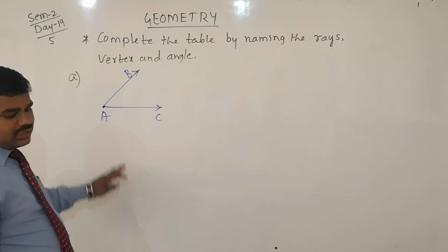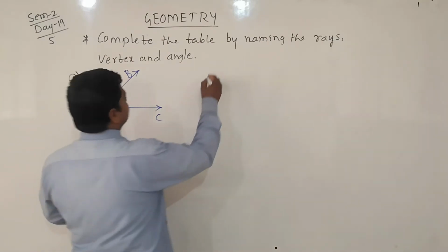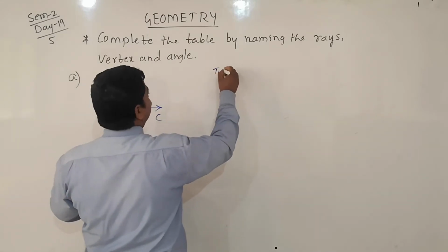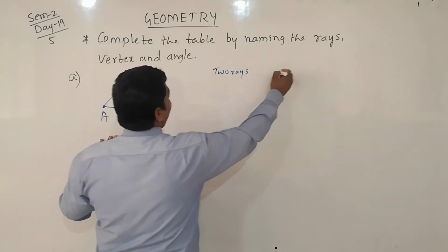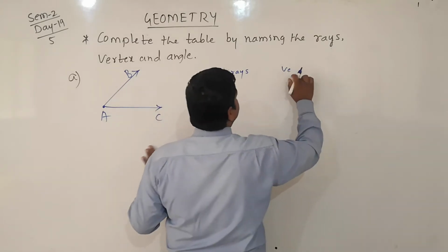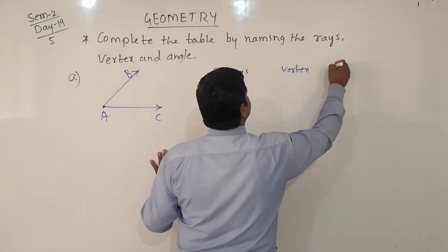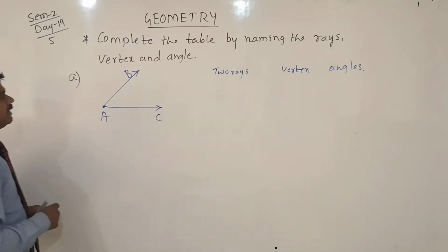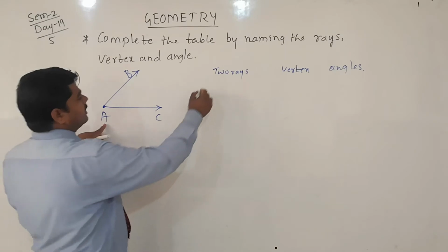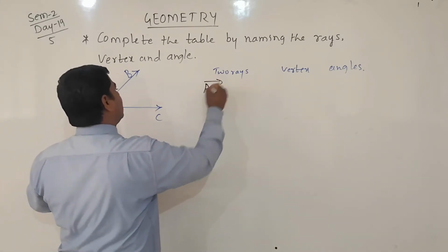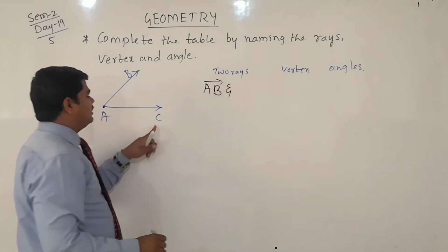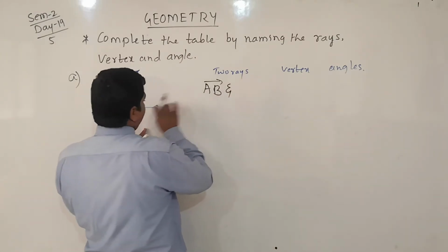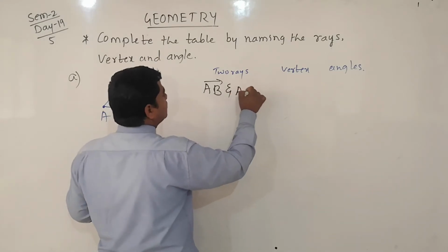Here you write 2 rays, vertex and angles. What are these 2 rays? Ray AB and ray AC. You should not write CA. Why? It shows the direction towards C.